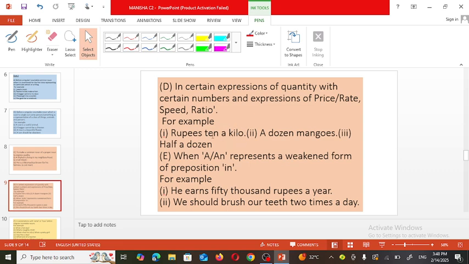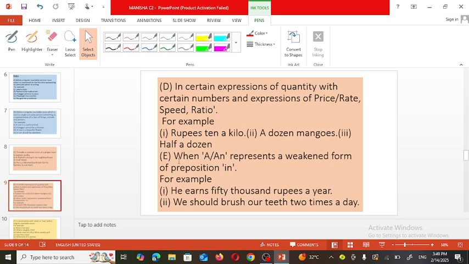For 1 kilo, he charged 10 rupees. A dozen mangoes. So how many mangoes? A dozen. Half a dozen. So here, to show the rate or ratio or quantity, we have used this article A before these quantities.